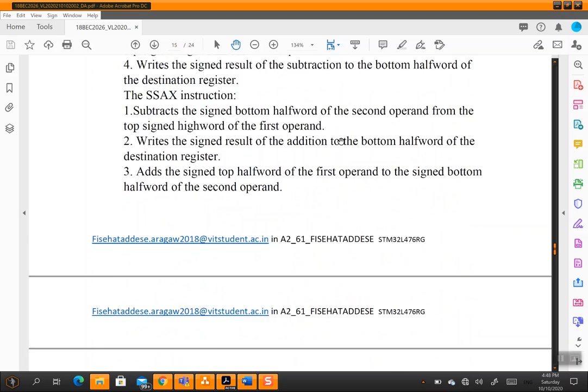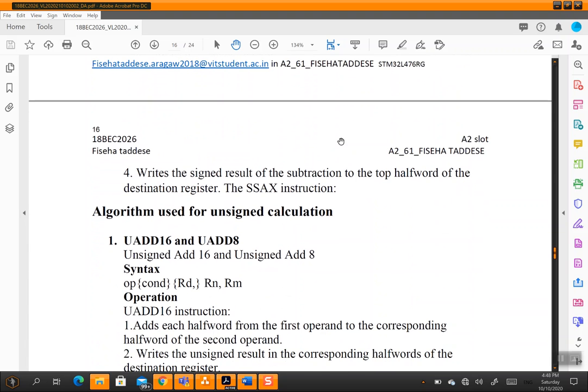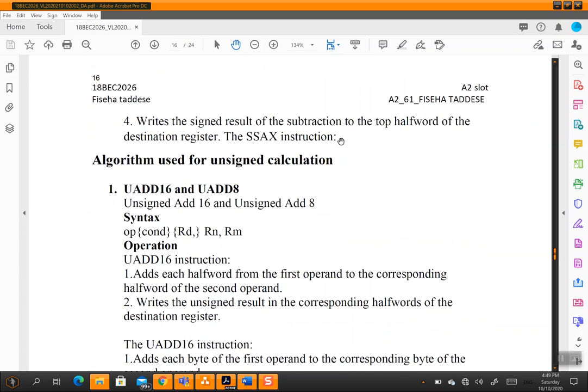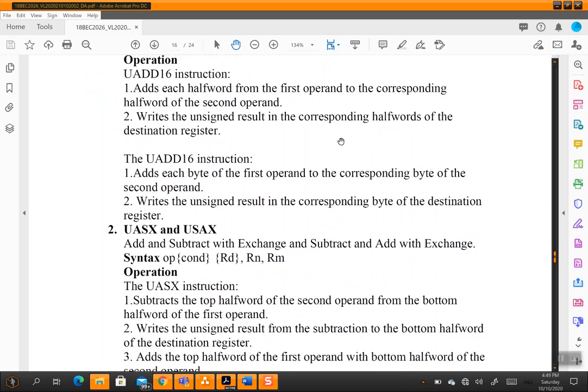So what are the algorithms used for unsigned calculations? Okay, for unsigned calculation there are UADD8 and UADD16, which are used to add unsigned 16-bit data and unsigned 8-bit data.